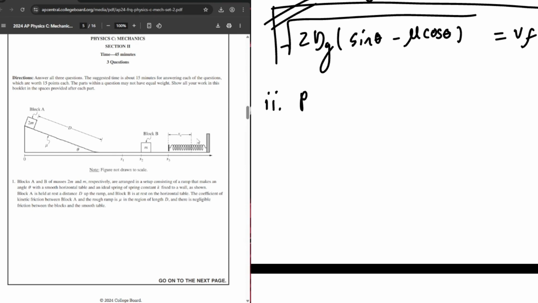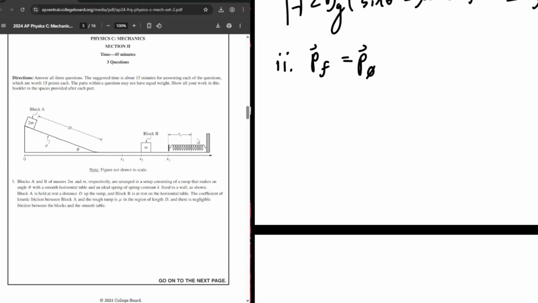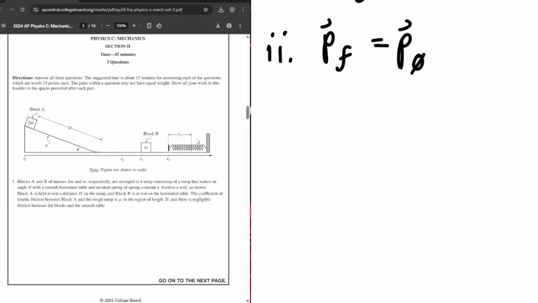So we're going to say after the collision, p final has to equal p initial. We're going to start there, right? So our v final here is actually the v final after it slides down the ramp. It's actually going to be our v initial for the collision, right? Because it's at the end of the ramp's motion, but it's at the beginning of the collision's motion. So we're going to say our initial momentum is 2m v naught.